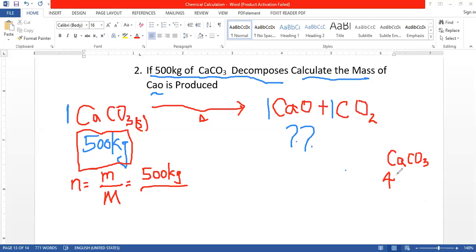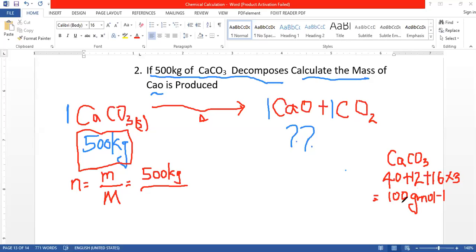It should have been given. Calcium 40, carbon 12, oxygen 16, and there are 3 oxygens. All together, the relative molecular mass of calcium carbonate is 100. So the molar mass is 100 g mol^-1.